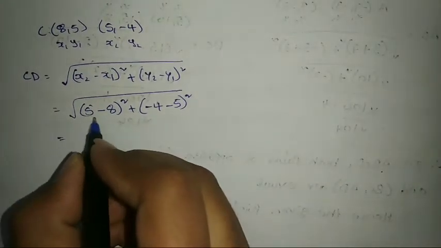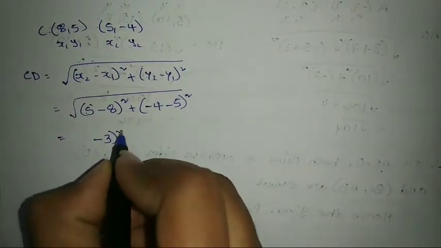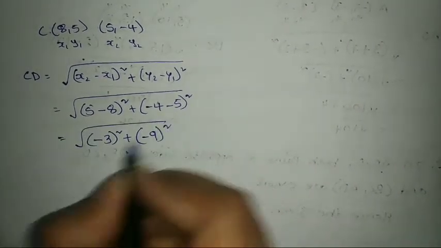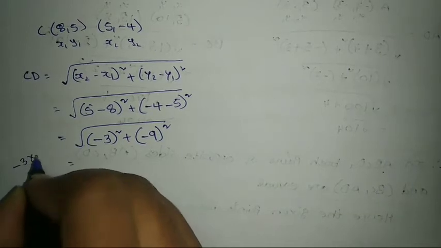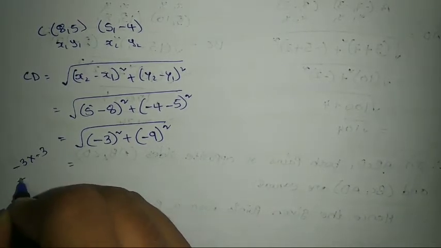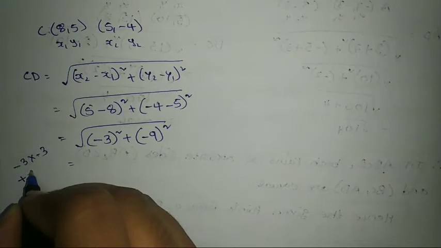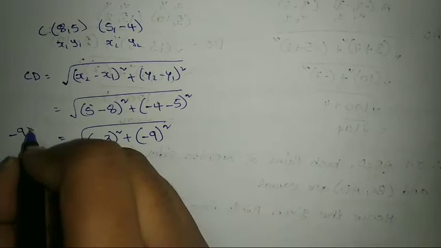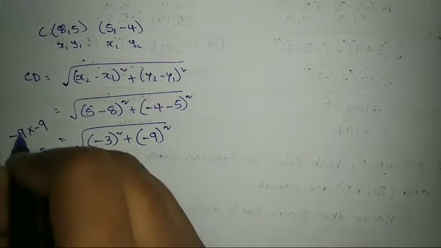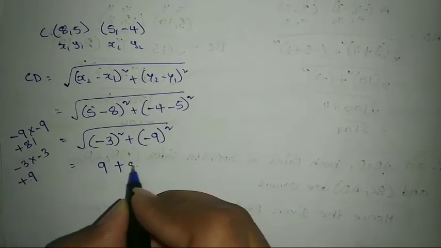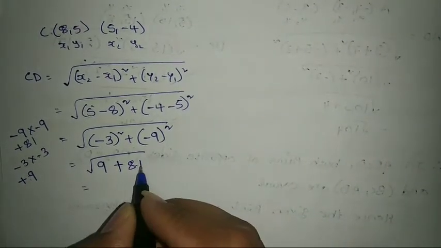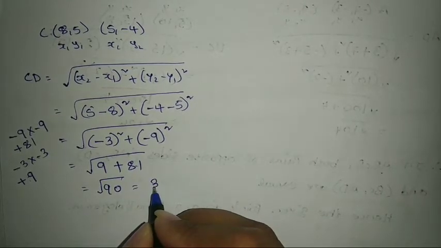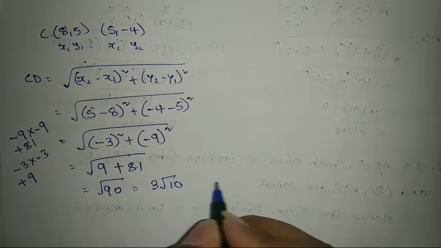So here 5 minus 8 is minus 3 whole square plus minus 9 whole square. Minus 3 into minus 3, minus into minus is plus, 3 into 3, 9. Plus minus 9 into minus 9, 81. So 81 plus 9 is 90. 3 root 10, we got 3 root 10.